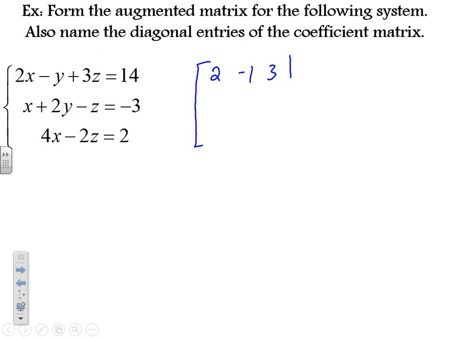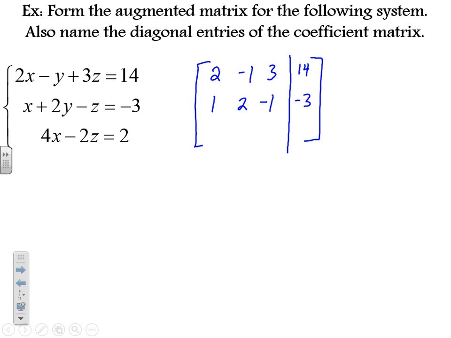And then I can give myself that vertical bar there to divide the coefficient matrix from the constant matrix, and the constant of equation 1 is the number 14. We'll do that for the other two rows as well. The coefficient of x in the second equation is 1, it's 2 for y, and negative 1 for z, and the constant for that equation is negative 3.